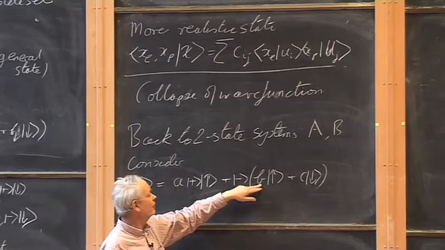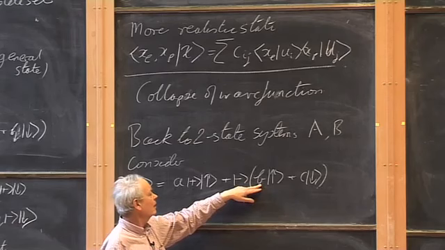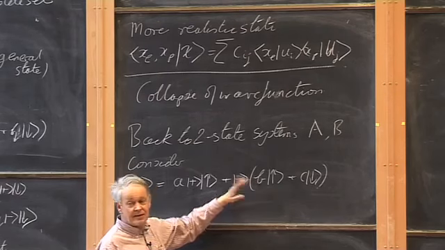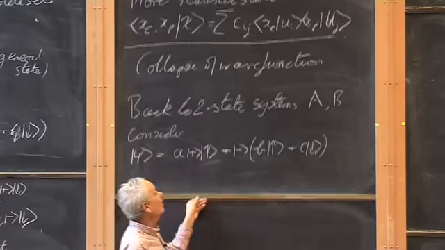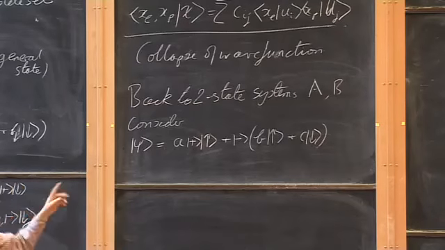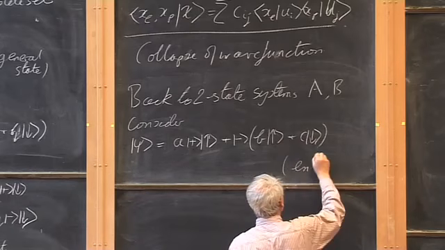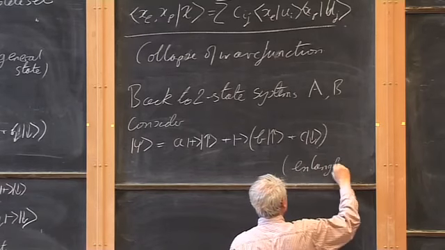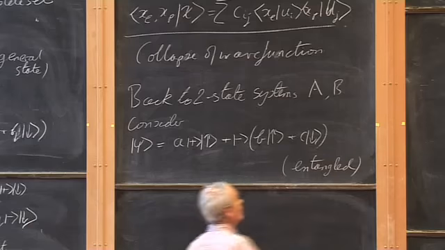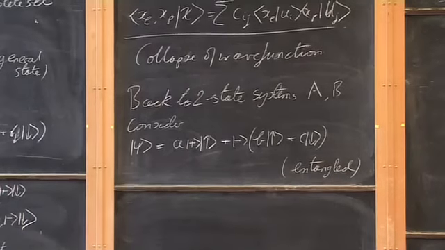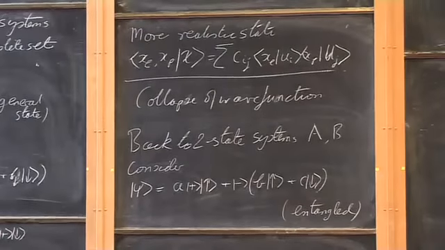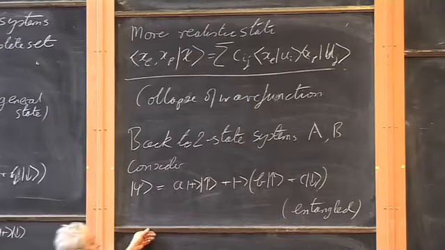This is the amplitude for finding that A is minus and B is up, etc. But this state is, as it turns out, entangled. That is to say, you won't be able to write this as a product of a state A and a state B. So this is more realistic than the states that I was discussing before. Okay.